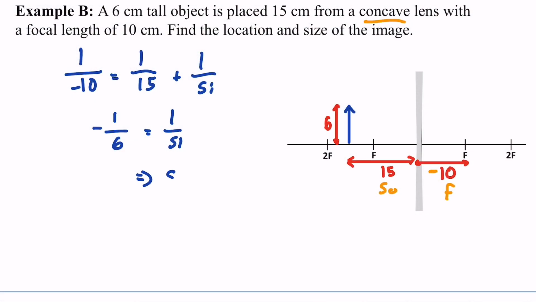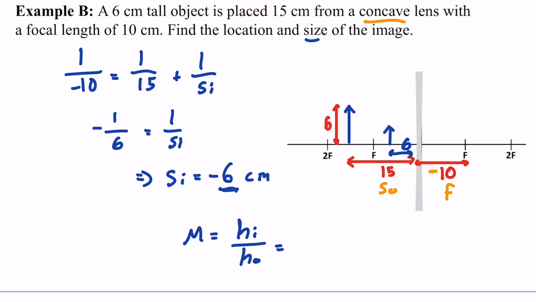And I get an image distance of negative 6 centimeters. Now, because this is negative, it means the image is virtual, which means it'll be upright. And since this is a lens, that means the image is on the same side of the lens as the object. As for the size of the image, the magnification, HI over HO, will be in the same ratio as the absolute value of the image distance over the object distance.